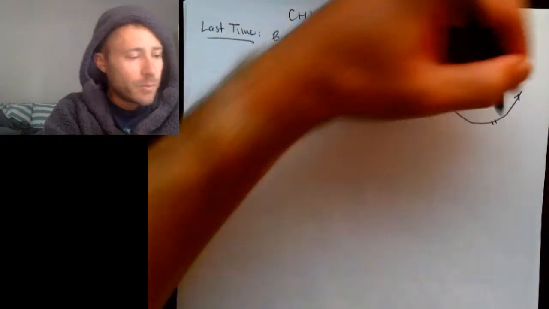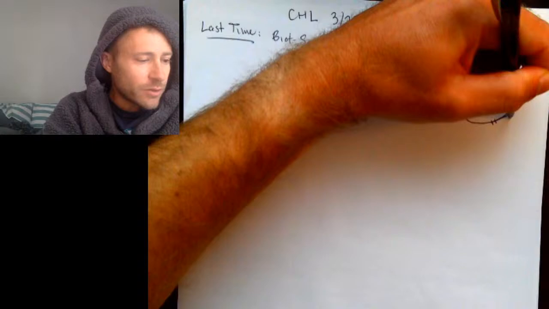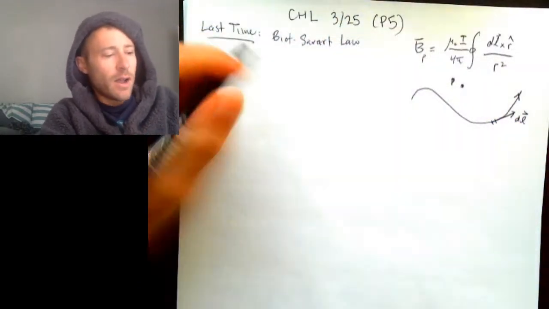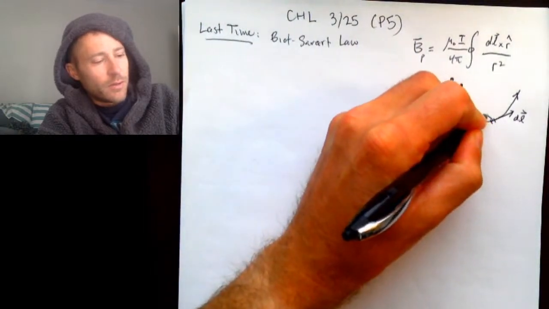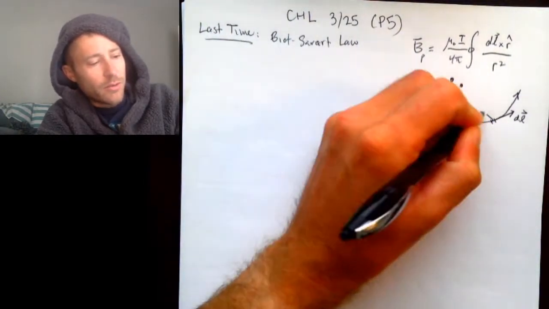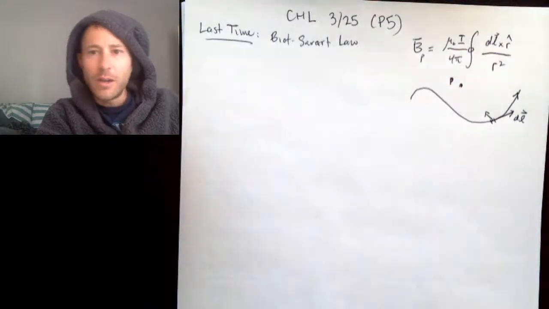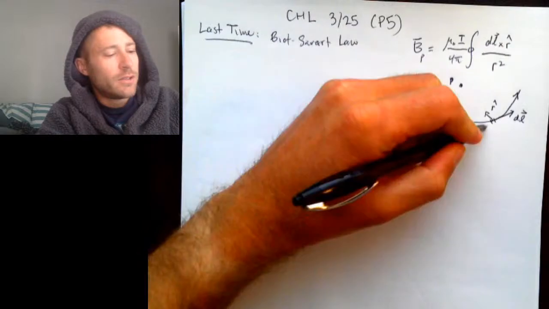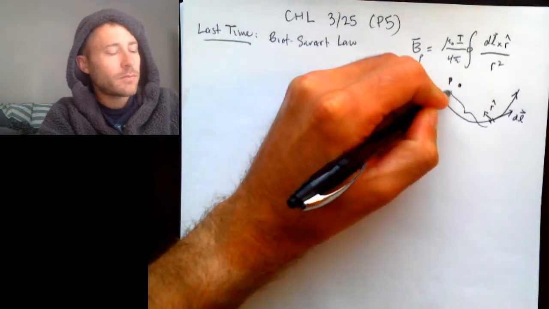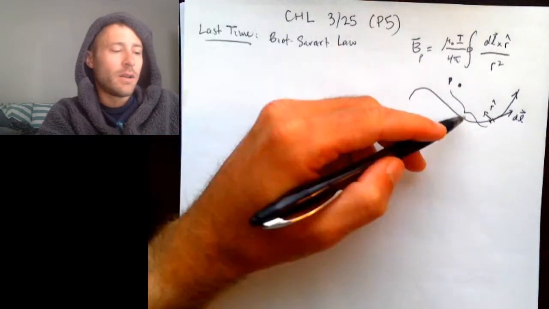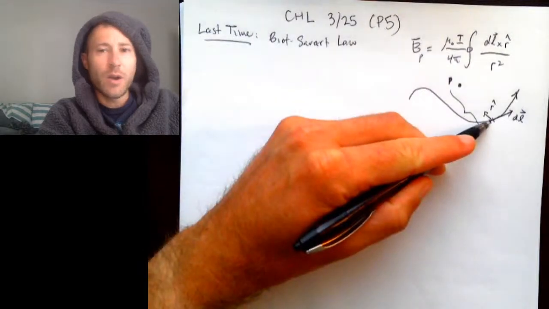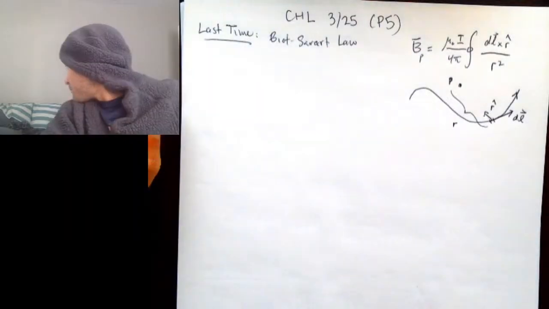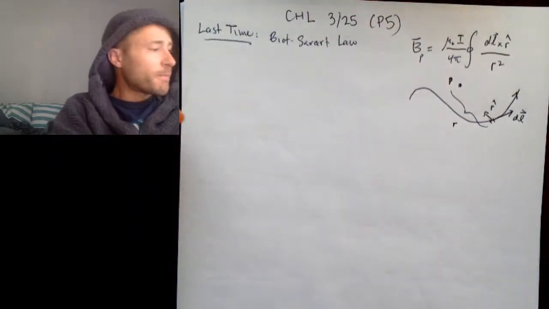Well, dl points tangent to the wire, so there's dl. R hat points from that segment of wire to where we're calculating the magnetic field. And then the distance between that segment of wire and the point P is what we call little r.